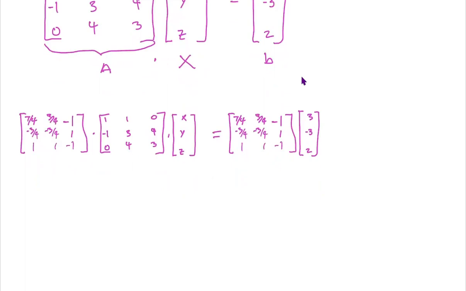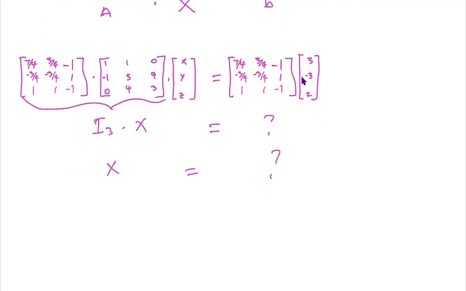And then now this is I3 times X equals, now we need to find this. I3 times X is X, equals, then we need to find this.